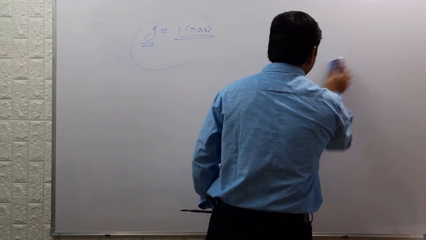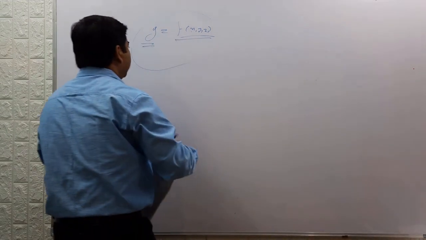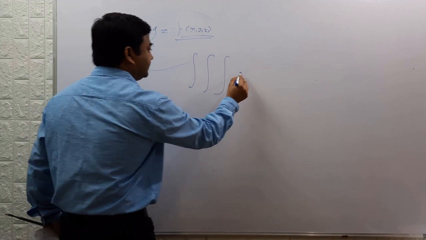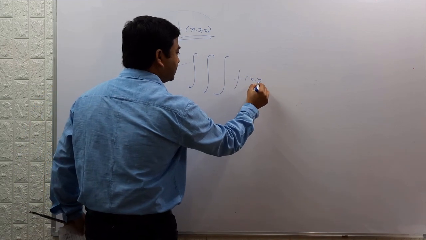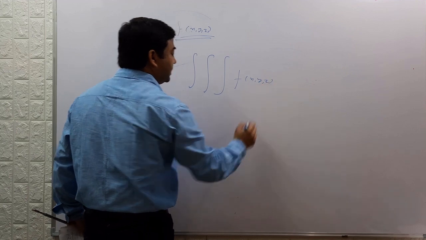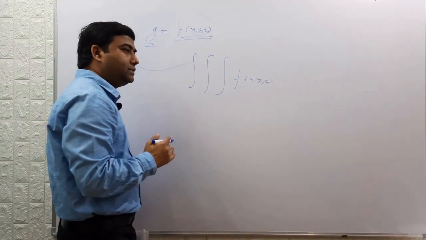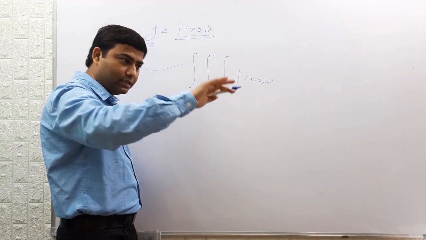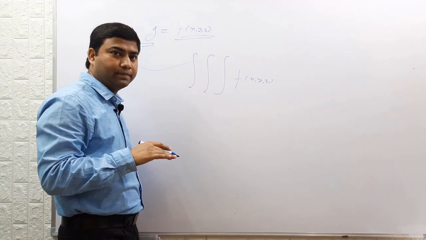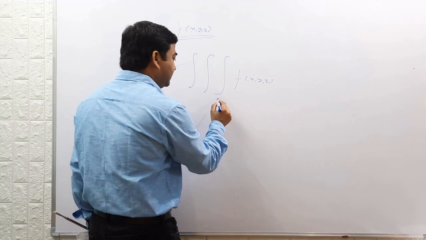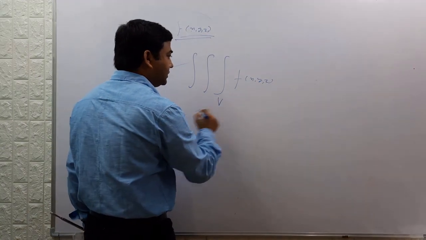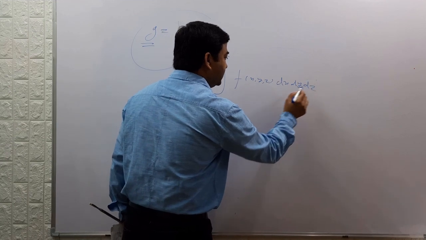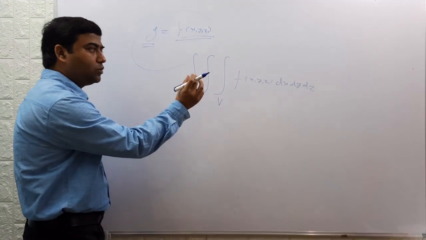So here also we define triple integration, as we have to triple integrate f(x, y, z). In double integration we had an area dx dy over a given region. In triple integration we denote it like this: over V, dx dy dz. This is a small volume.